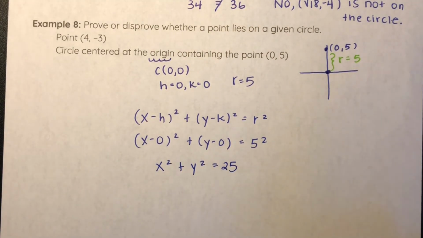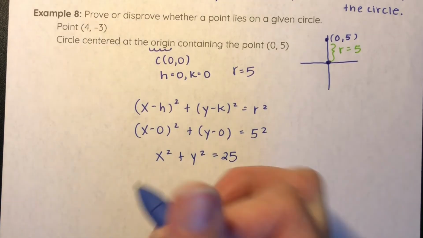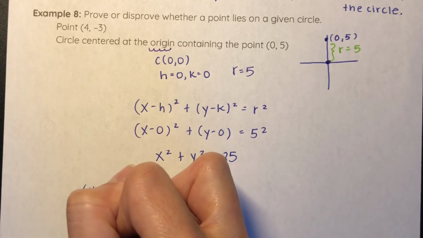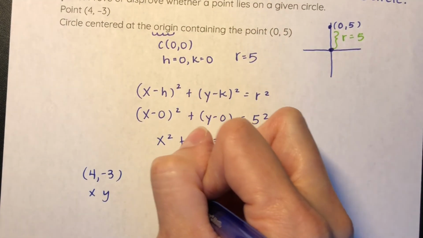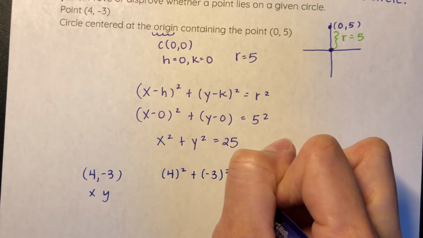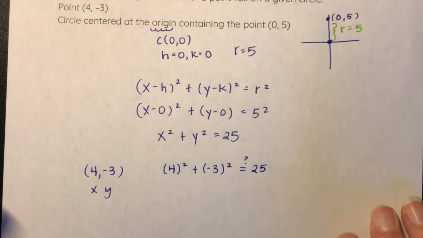Now I just have to determine if this point lies on the circle. So I'm going to substitute in this point to see if it's going to be a solution on this circle. I will substitute in 4 for x, and -3 for y, and I'm trying to see, does that equal 25?